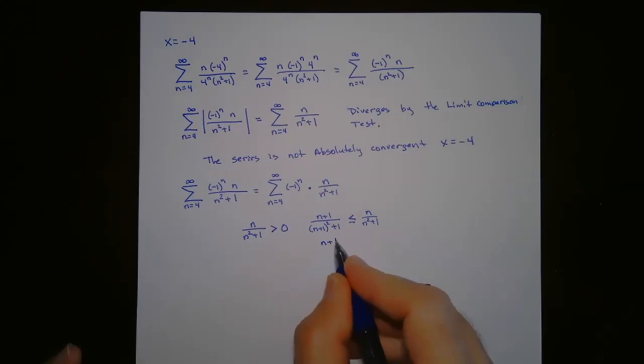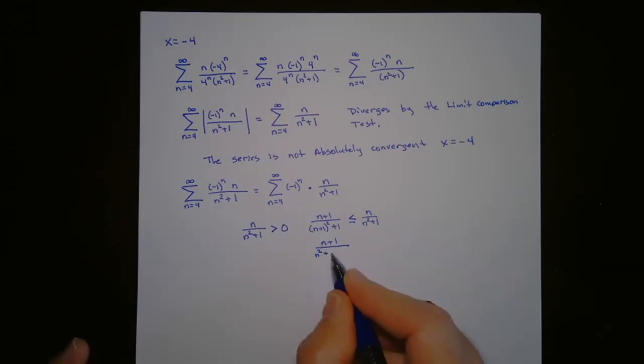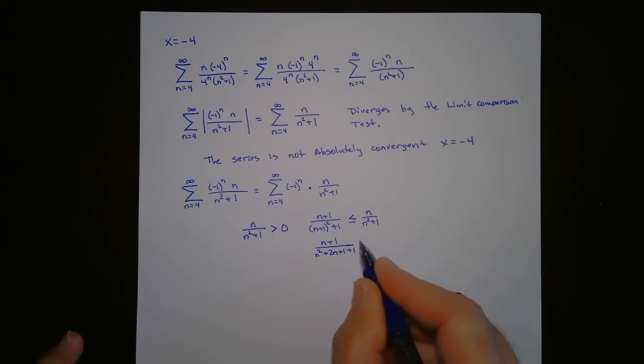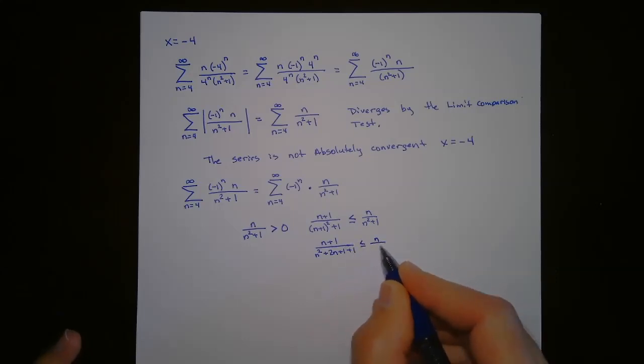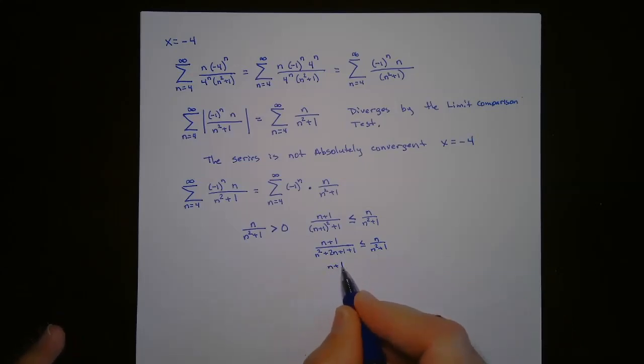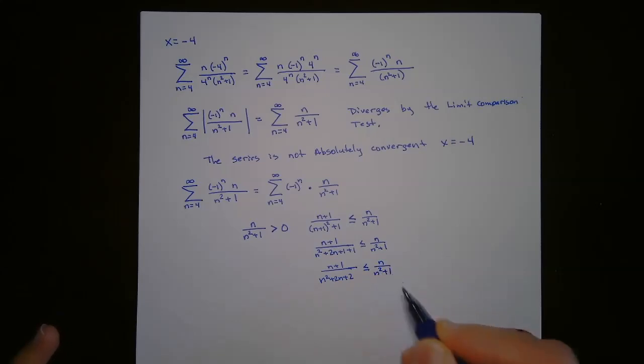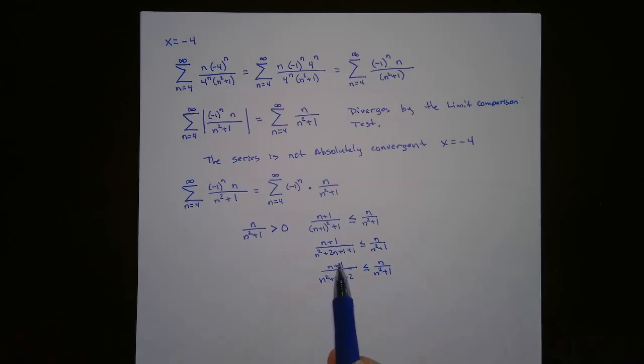This would be n plus 1 over n squared plus 2n plus 1 plus 1, which is n plus 1 over n squared plus 2n plus 2, which is less than or equal to n over n squared plus 1.